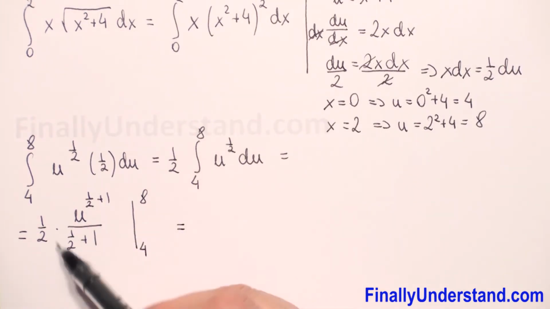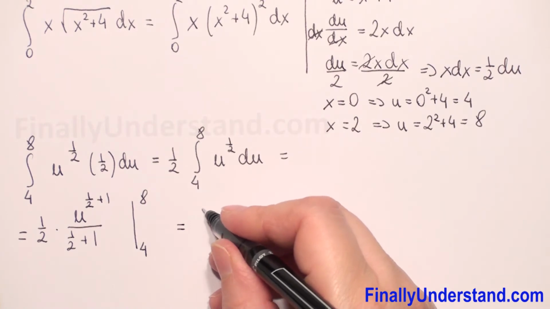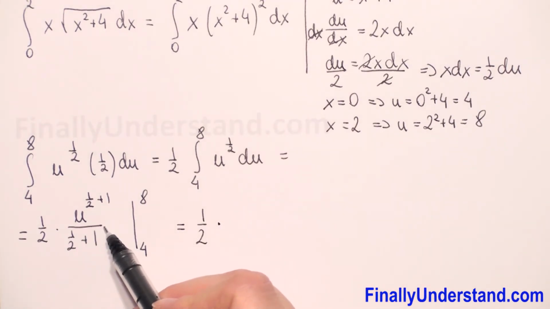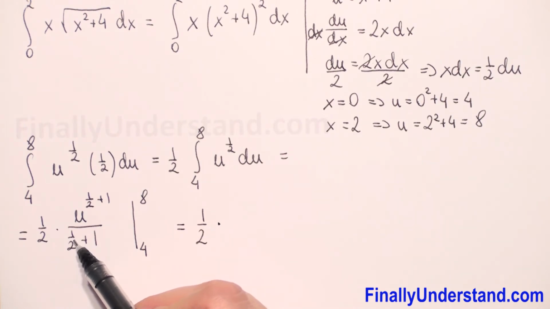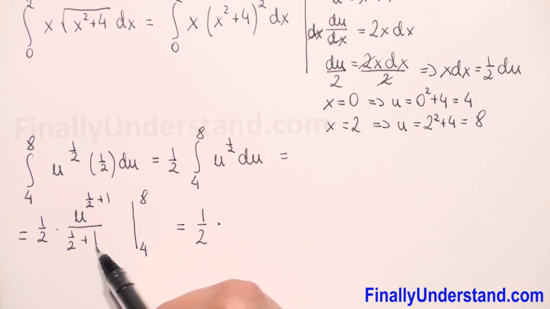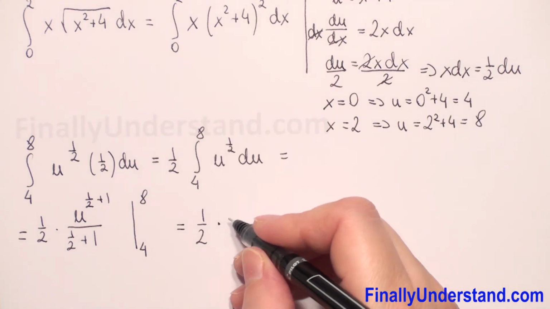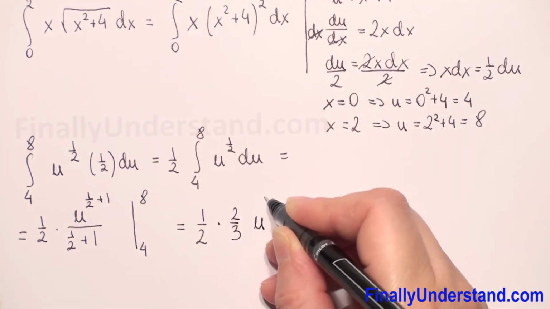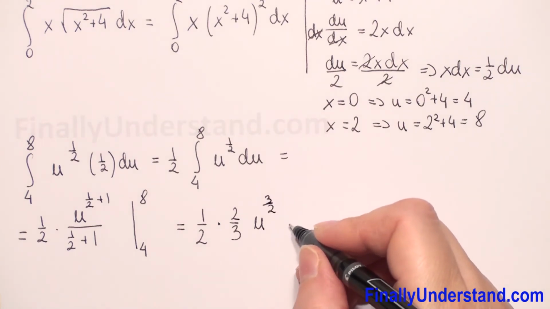Next, I will simplify this expression, so it will be 1/2 times, because we have division here, and here will be 3 over 1/2 plus 1 is 3 over 2. We have this fraction in denominator, so I have to flip this number. It will be 2 over 3 times u to power 3 over 2.